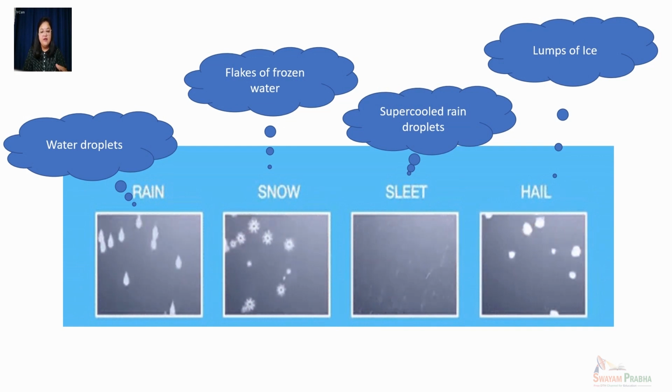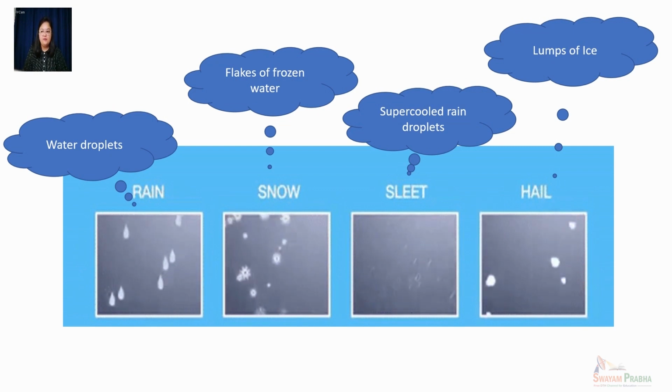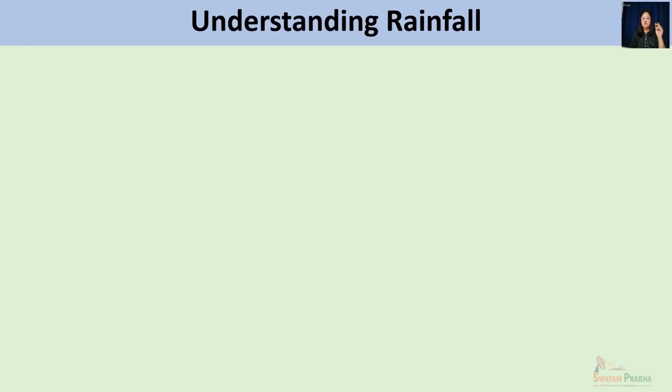Moving on to a very important form of precipitation, which is rainfall. We have already discussed briefly what rainfall is. Now we will be understanding how rainfall occurs and what the mechanism behind its formation is.